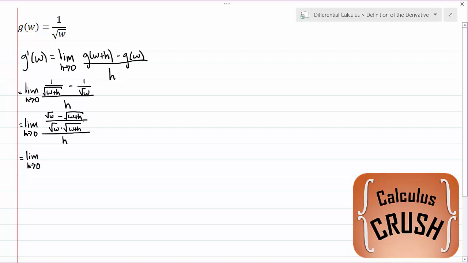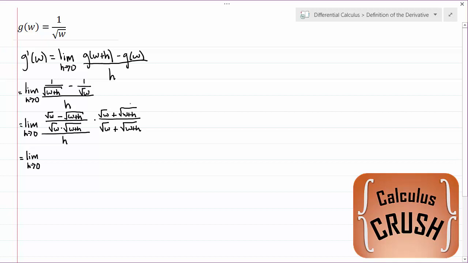Now for the next step, we need to get rid of these square root signs up in the numerator. In order to do that, we need to multiply it by the conjugate. So I'm just going to do it on the step before, times the square root of w plus the square root of w plus h divided by the square root of w plus the square root of w plus h.